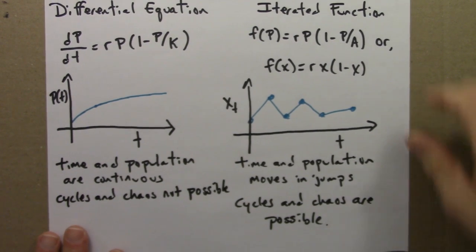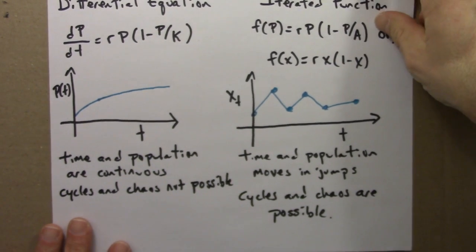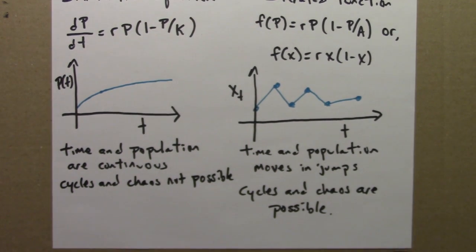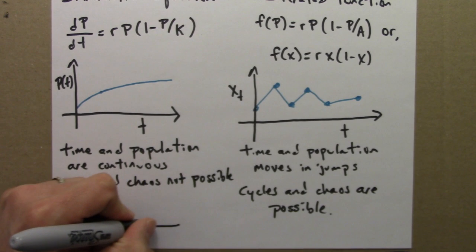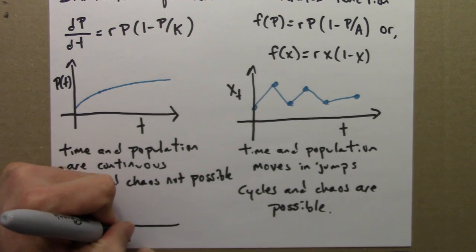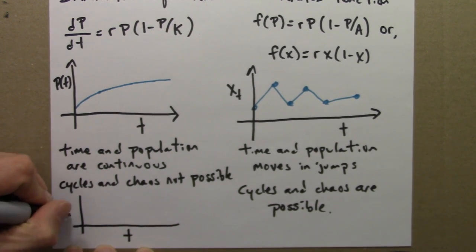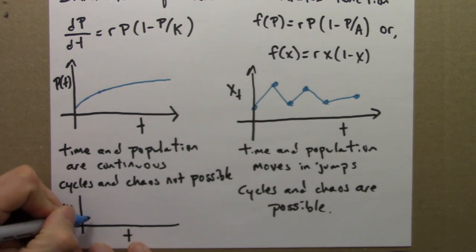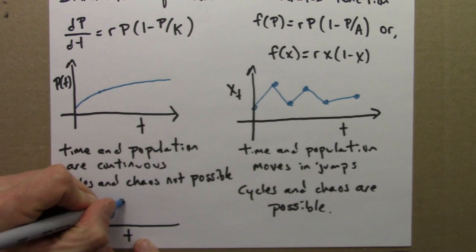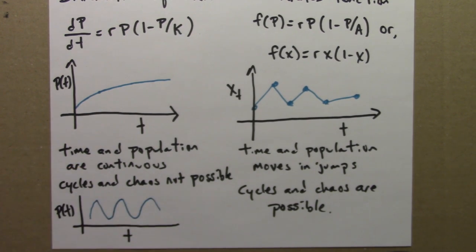So let's think about why this is so. Suppose a cycle was possible. If that was the case, I would have a solution curve that looked something like that. It goes up and down.